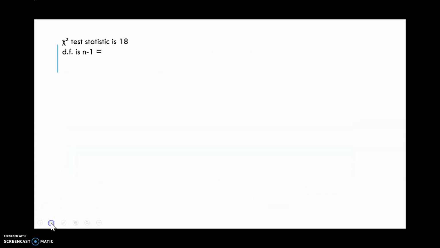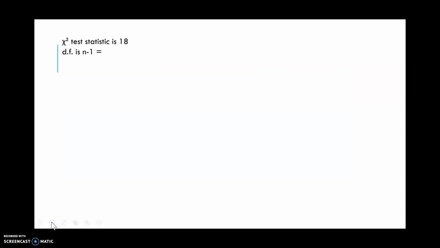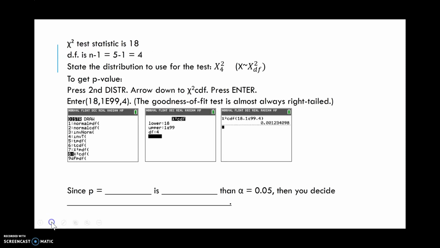So now I'm ready to throw that into my calculator. My degrees of freedom are going to be the number of categories minus 1. So again, remember there were 5 categories here, right? So it's going to be 5 minus 1 for my degrees of freedom. And again, I would state that distribution the exact same way. So to get my p-value, I'm going to go back to distribution, go down to chi-squared CDF.